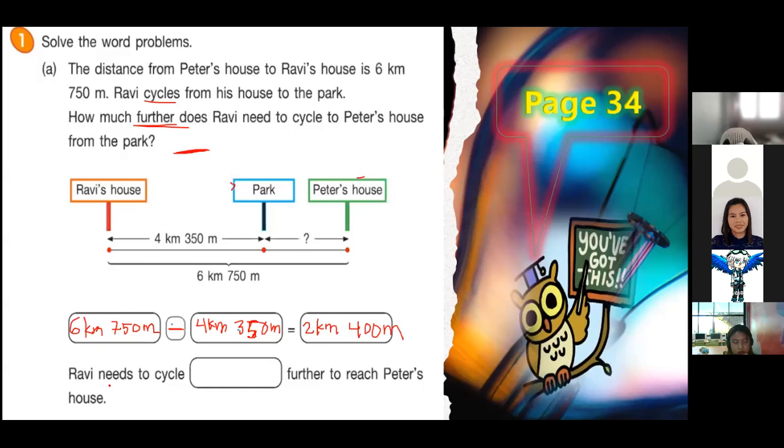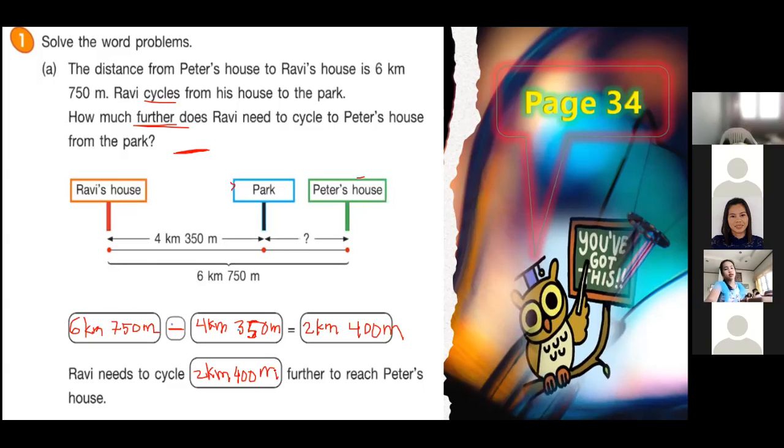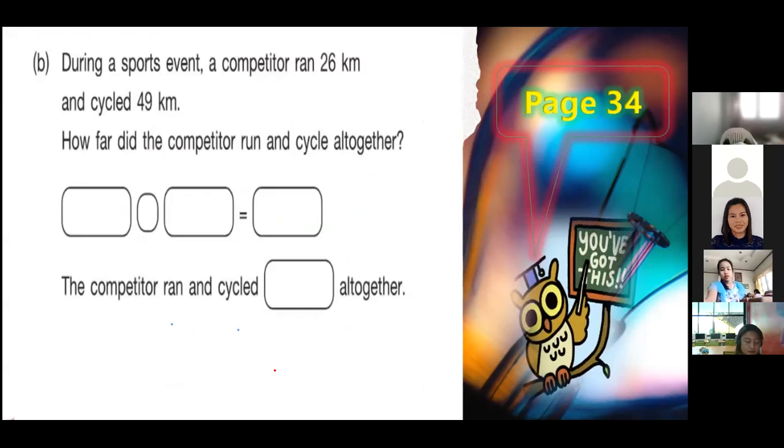So it means Ravi needs to cycle 2 kilometer and 400 meter. Okay, did you understand? Okay, finish. Finish. Okay. So letter B.